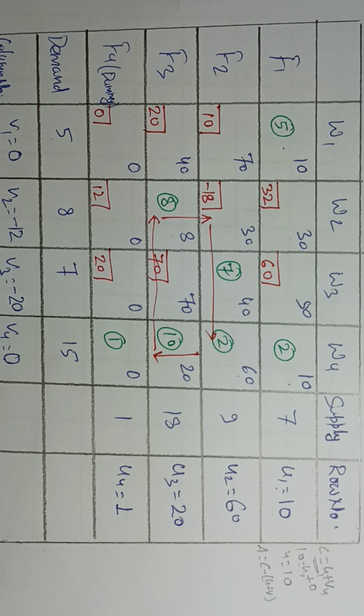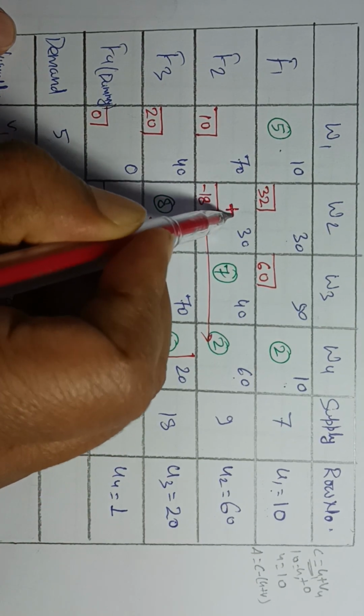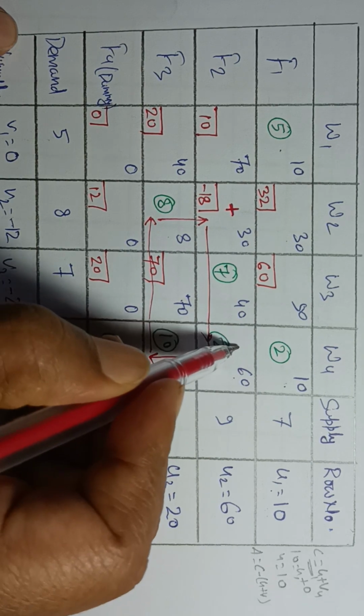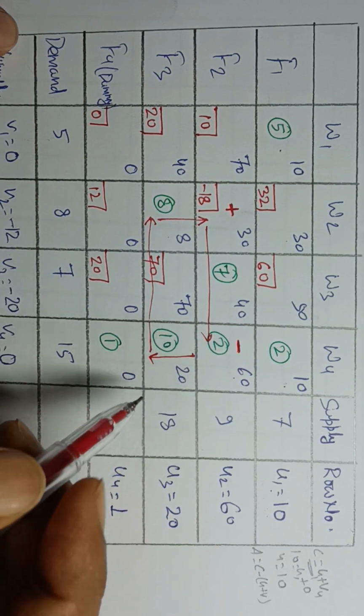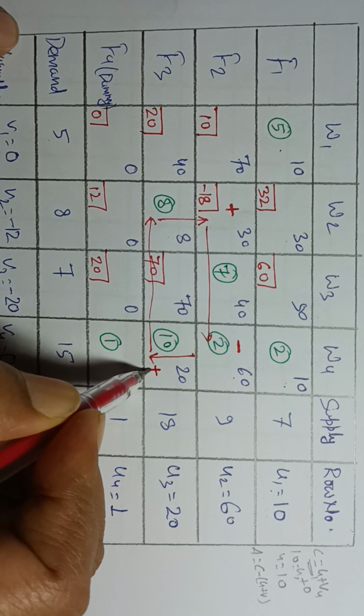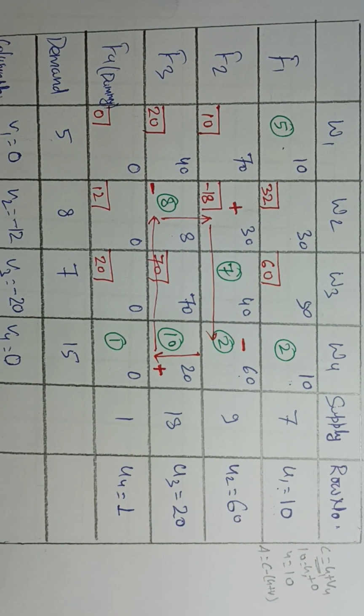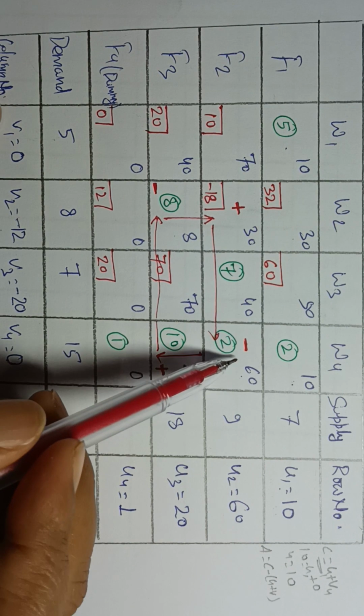Now we will go for giving the positive and negative signs. We will start the positive and negative sign from this cell, positive, then negative. At every turn we will give negative and positive signs, here positive and here negative. Now we will select the negative sign cell. So the negative sign cell is this one.